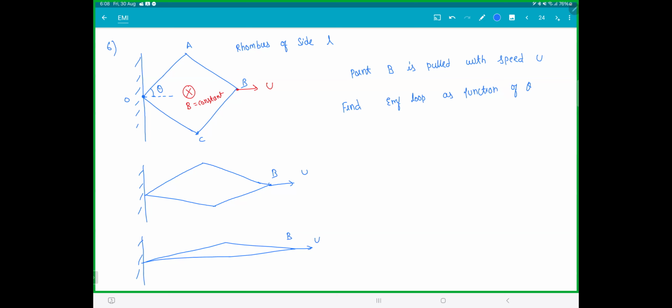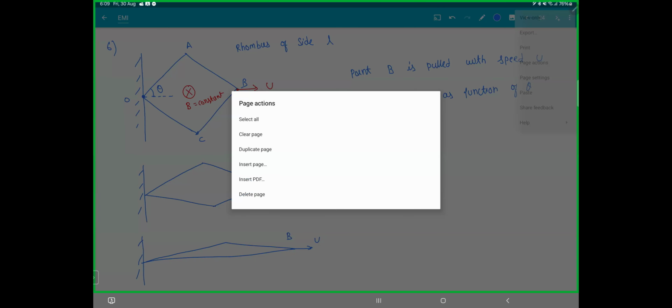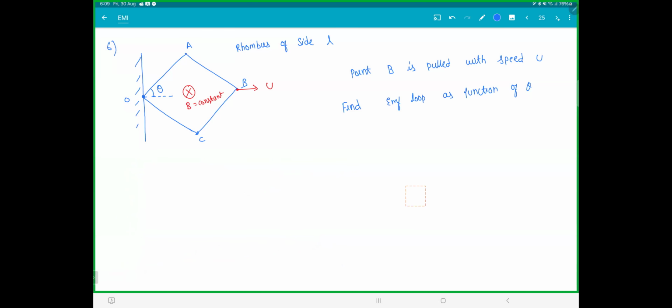Let's see. So this thing, right? This is L, 90 degrees.